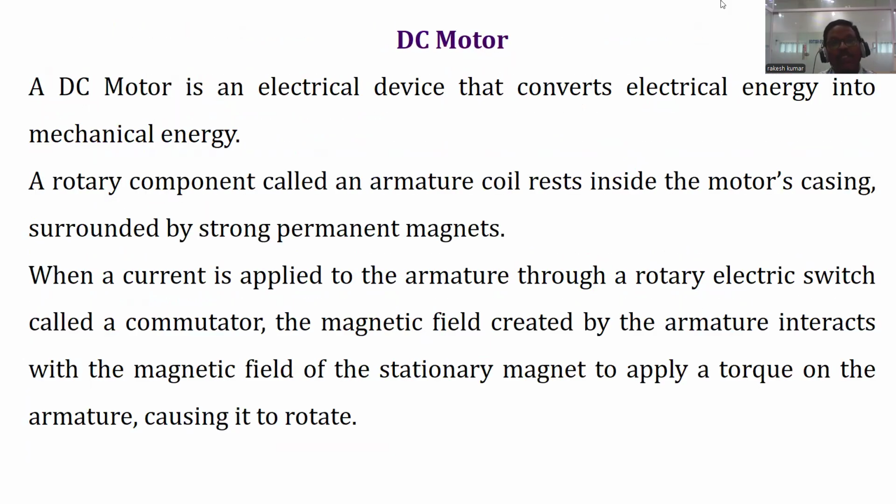A DC motor is an electrical device that converts electrical energy into mechanical energy. A rotary component called an armature coil rests inside the motor's casing, surrounded by strong permanent magnets.